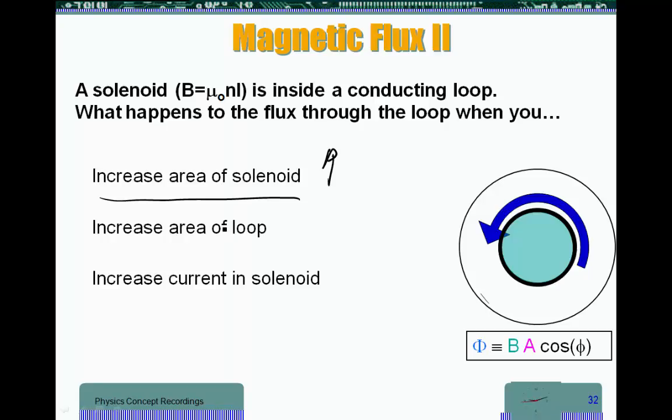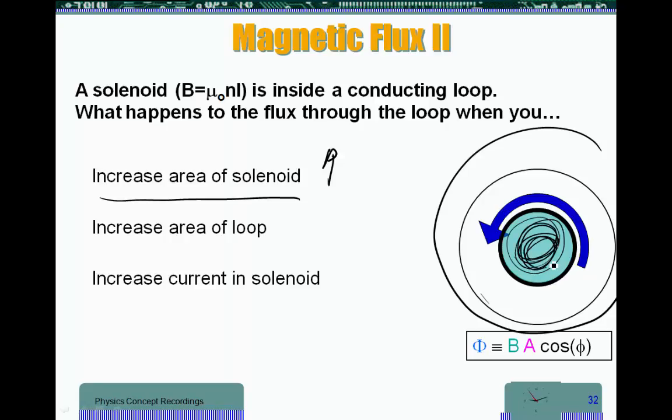What about if we increase the area of the loop, not the area of the solenoid, like having a bigger loop like this? The area of the magnetic field is going to still remain this bluish color here. So when we write the flux as BA, A is that area there, and that does not change. So increasing the area of the loop does not change the flux in this case.